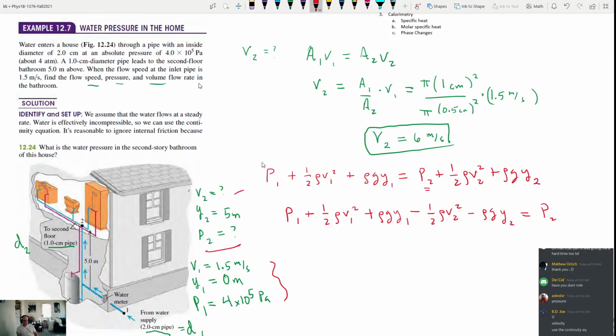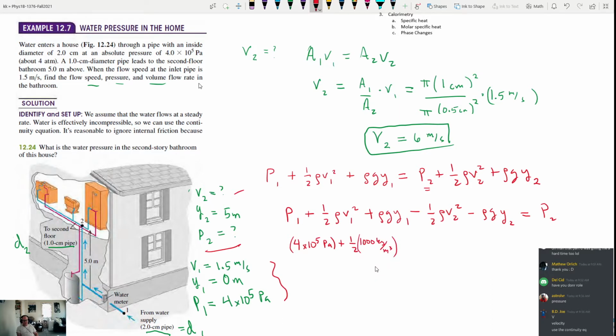All right, so pressure 1 was 4 times 10 to the 5th pascals. The density that we're dealing with here is water, so we're going to have 1,000 every time we see a rho.